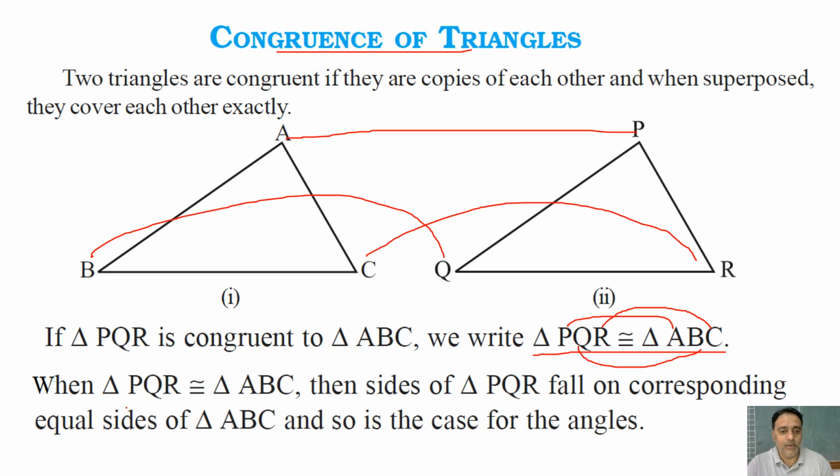Next, when triangle PQR is congruent to triangle ABC, then sides of PQR fall on corresponding equal sides of triangle ABC, and so is the case for all the angles.